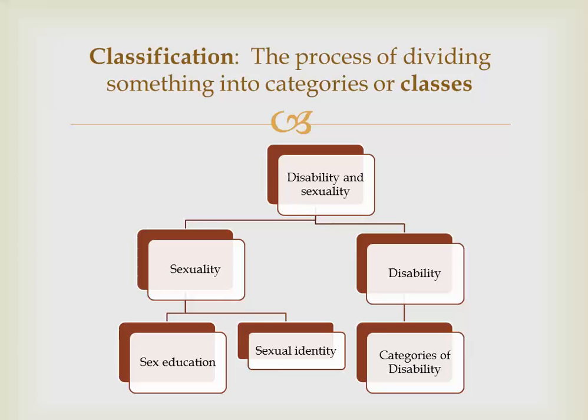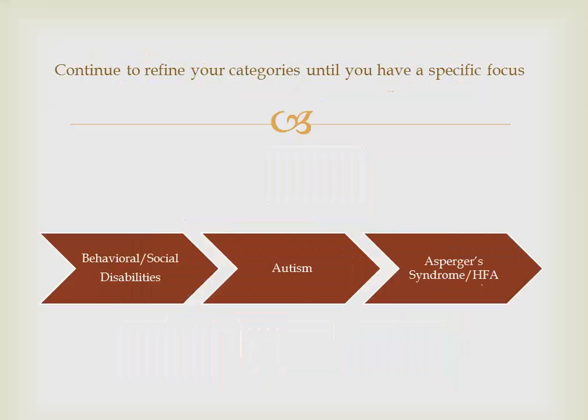So let's continue with this exercise. Let's say that we have begun with disabilities and we've narrowed from behavioral or social disabilities to autism, and you know that autism really encompasses a range of levels of functioning and types of diagnoses. So let's say that you want to identify a more specific population within the broader umbrella spectrum of autism.